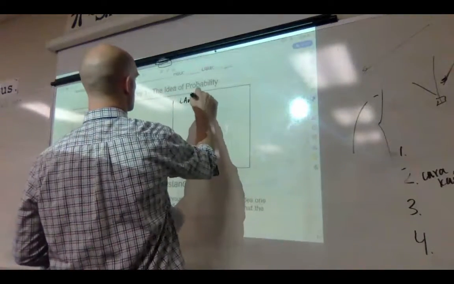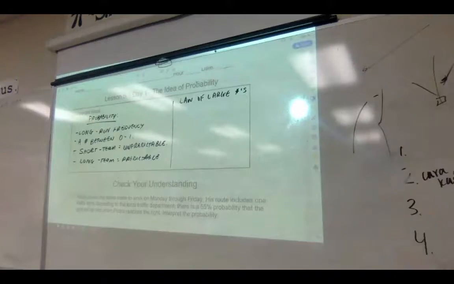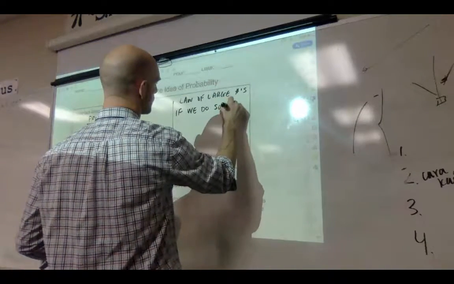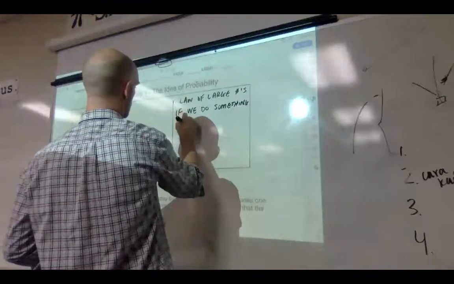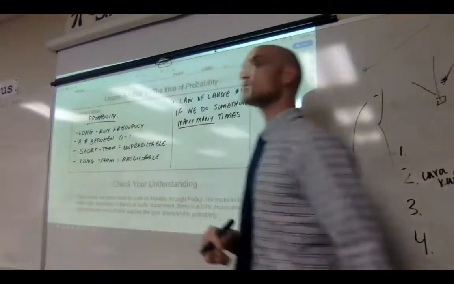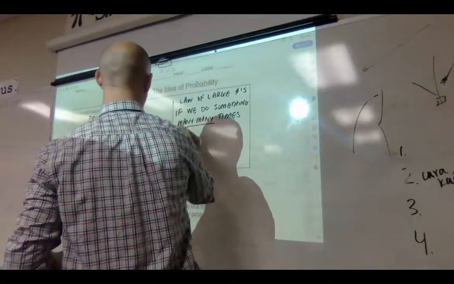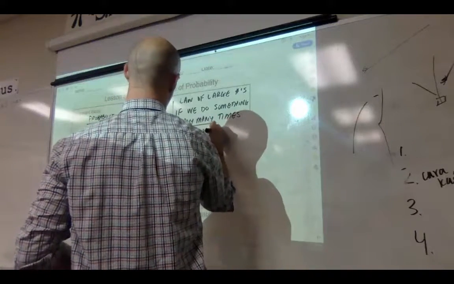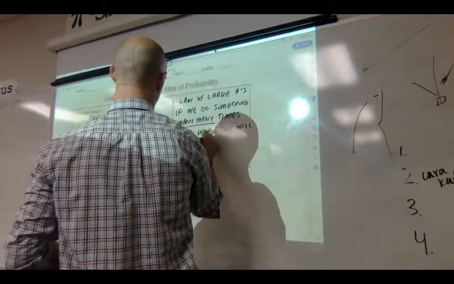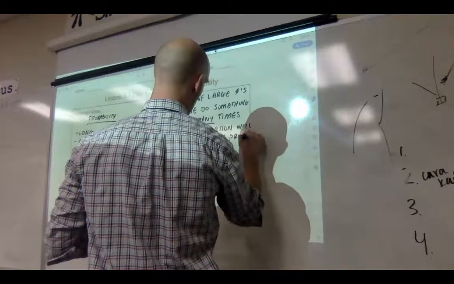It's the law of large numbers. If we do something many, many times, the actual proportion will approach its probability.